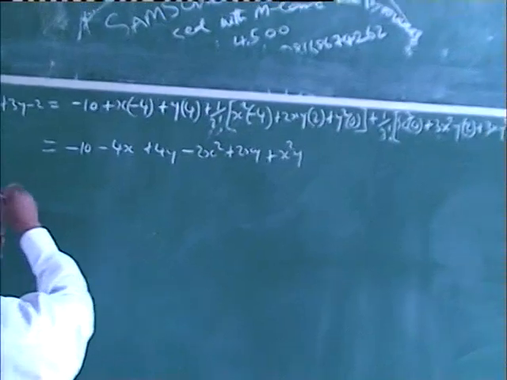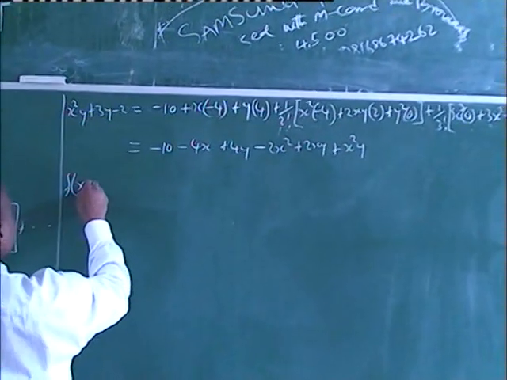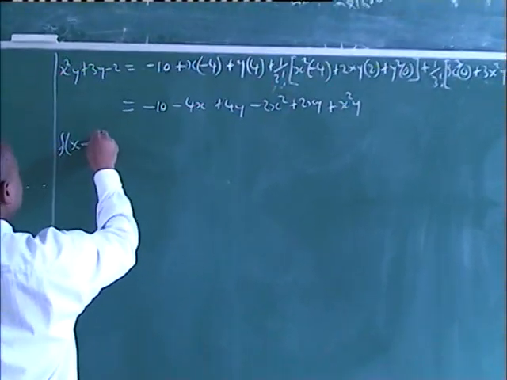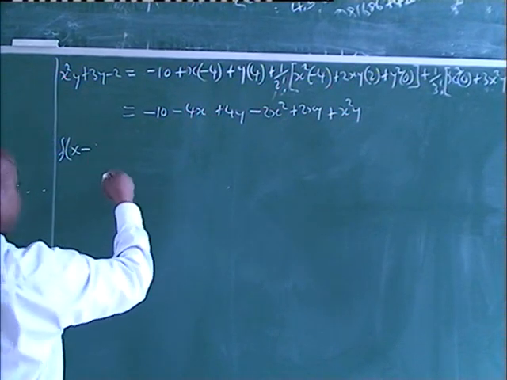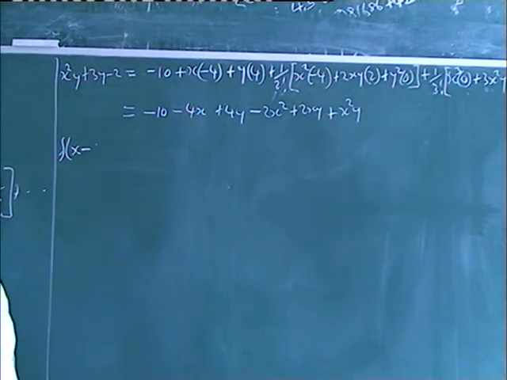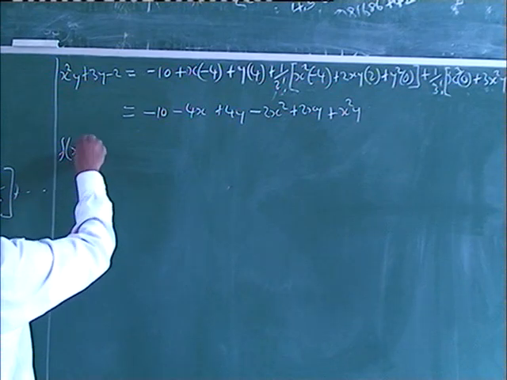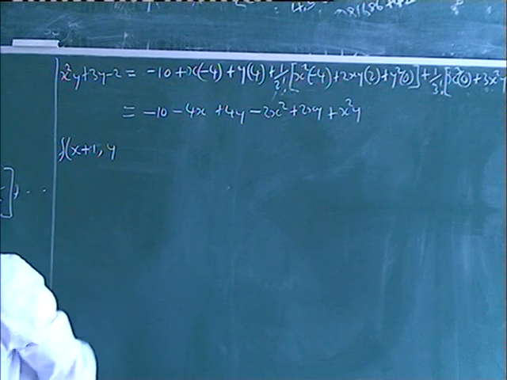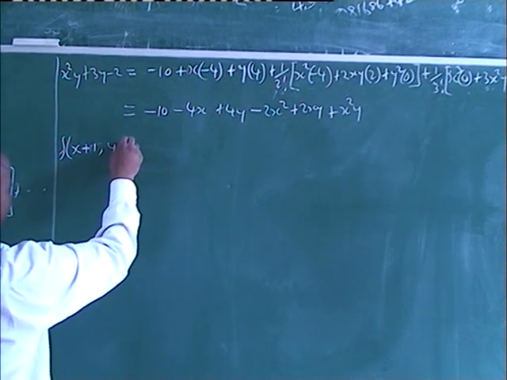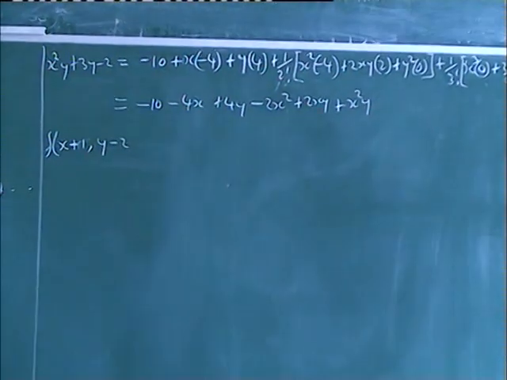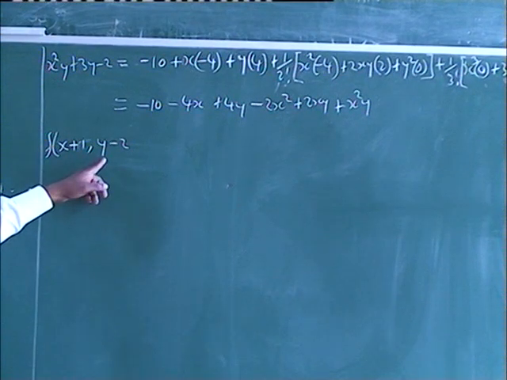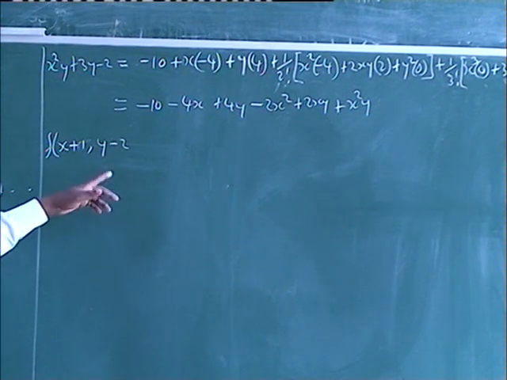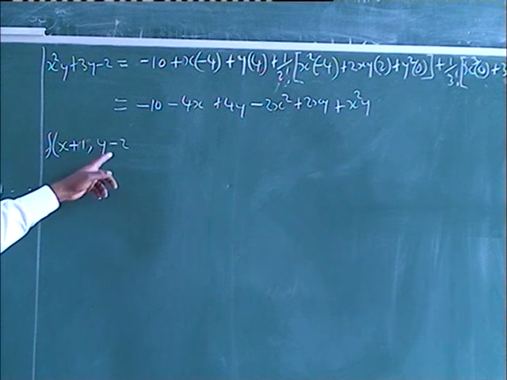So it means that f of x minus 1, x plus 1. If I like, I'll say f plus 1, and then y minus 2, because y was minus 2, y plus minus 2 gives me this.